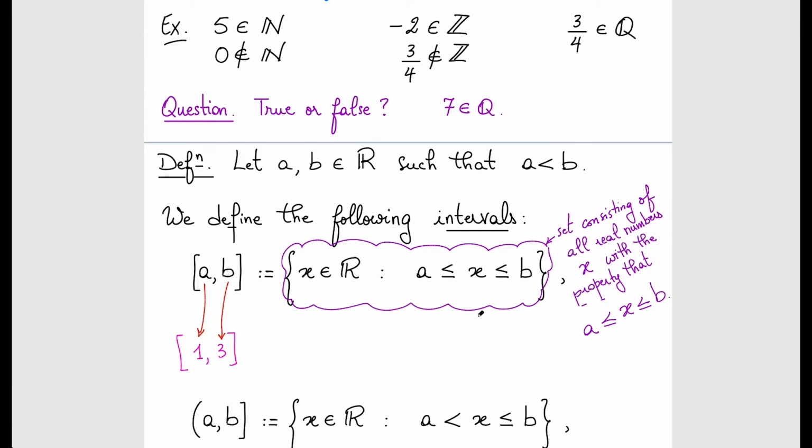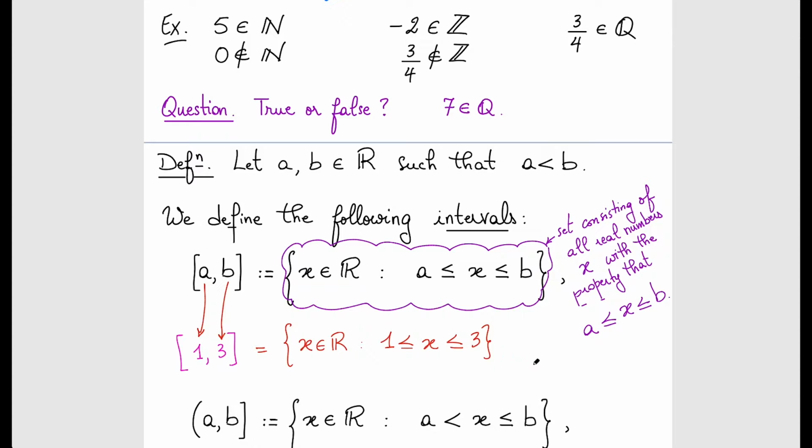You can rewrite this cloud here as the collection of objects that are real numbers with the property that those real numbers should be at least the A, who is the 1, and at most the B, who is the 3. Correct?